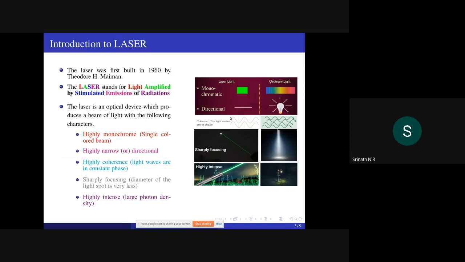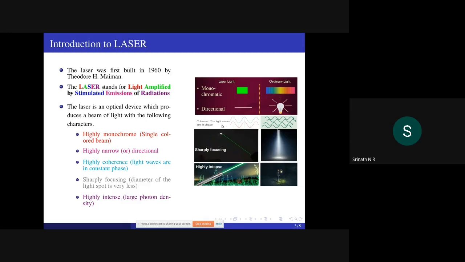Second one, the laser is highly directional. It moves only in a single direction. Therefore, we call it highly directional, whereas the ordinary light spreads in all possible directions. That means there is an angular divergence in all possible directions.